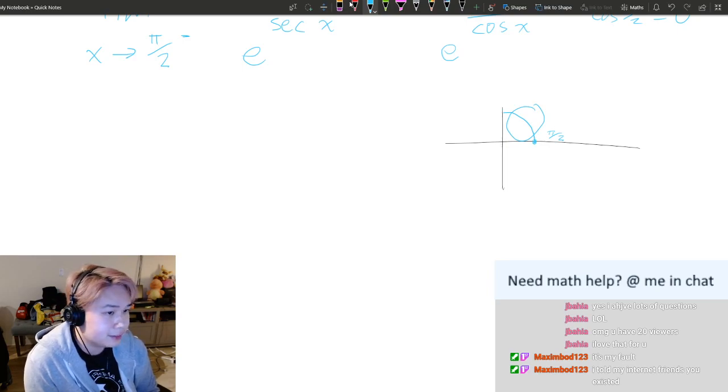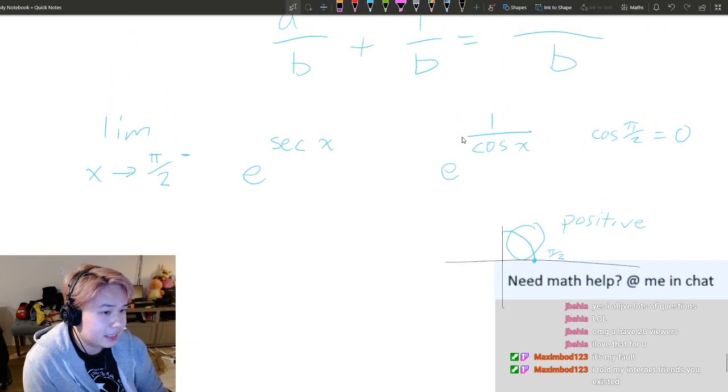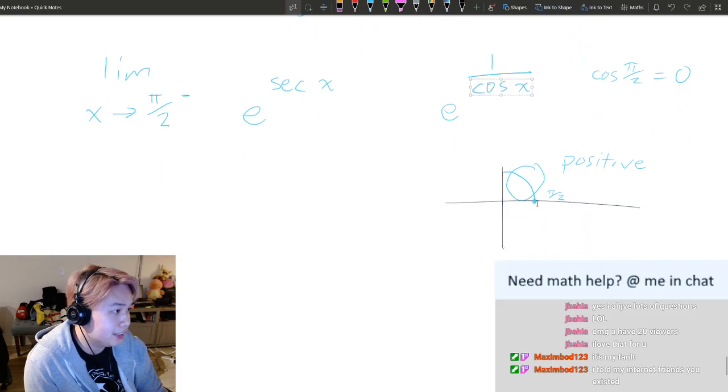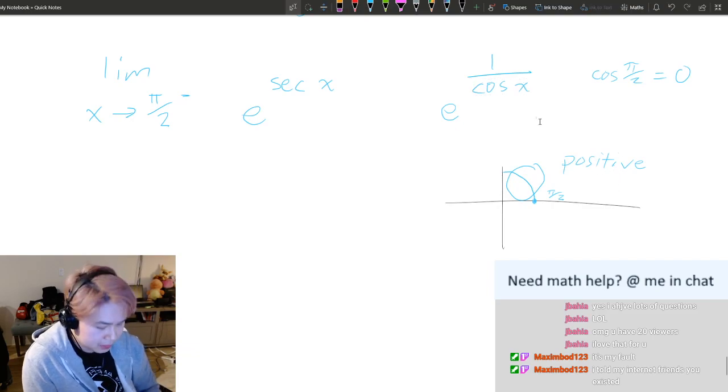The values of cosine are positive. So that means that this denominator is approaching the value of 0 from the positive side.